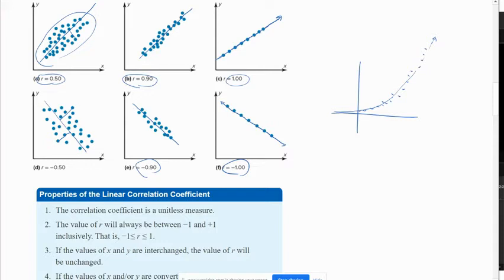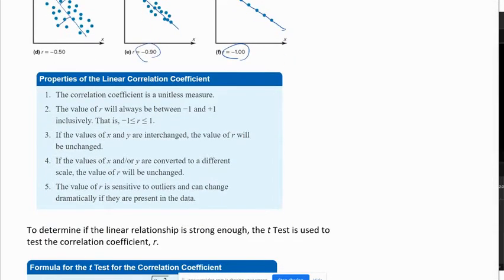If you think your data is maybe in the shape of a parabola, there's quadratic regression. There's also logarithmic regression. There's a lot of different types of regression. But in this course, we are only using linear regression. So we're only going to come up with the correlation coefficient if the data is linear.